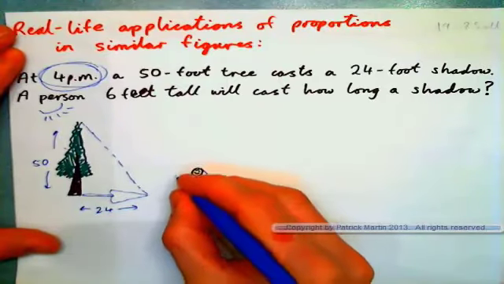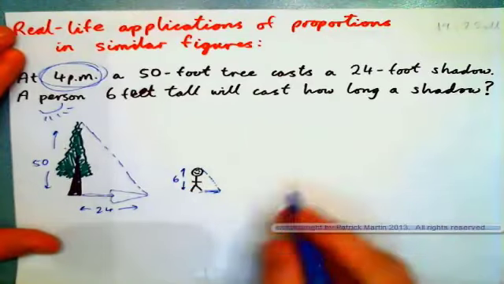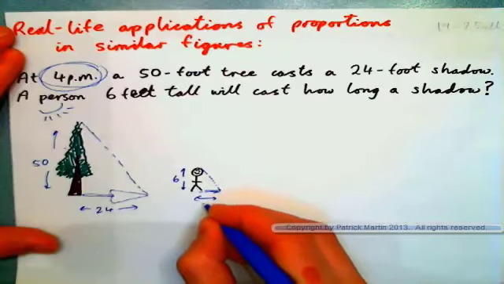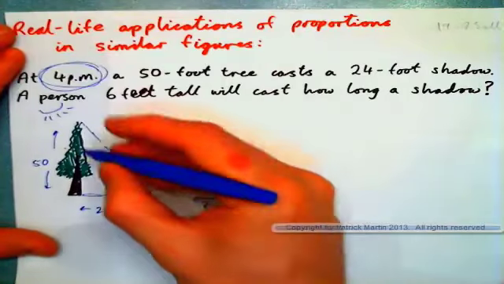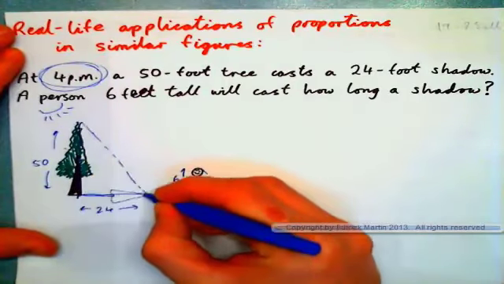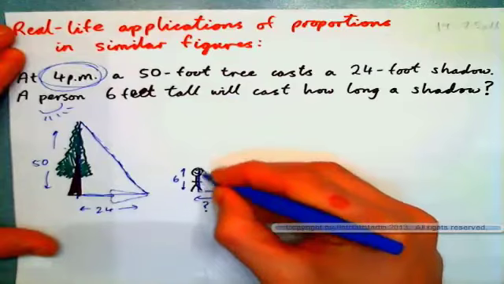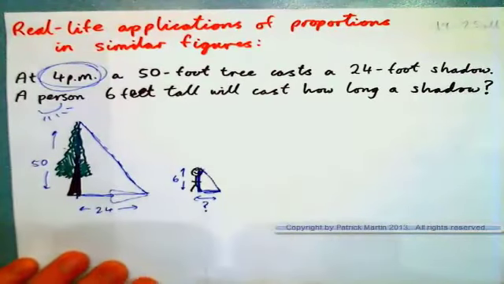The person is 6 foot high, so how long of a shadow will be cast? That's what we've got to find. We do not know the length of the person's shadow. Basically what we're looking at are two triangles: the tree, the shadow, and how the sun shines down, and the triangle with the person and its shadow. So what we have are similar figures.